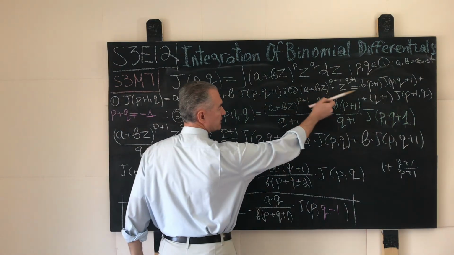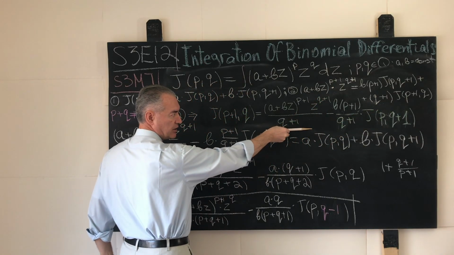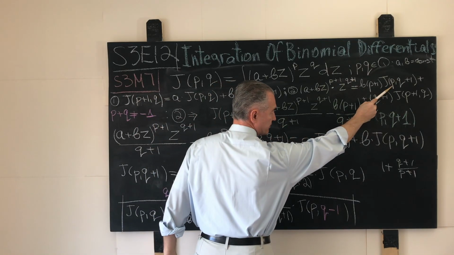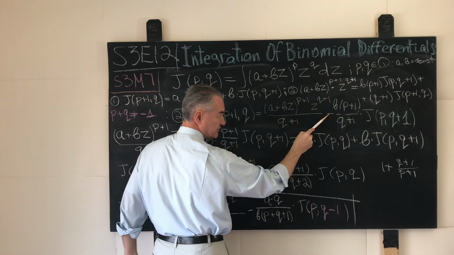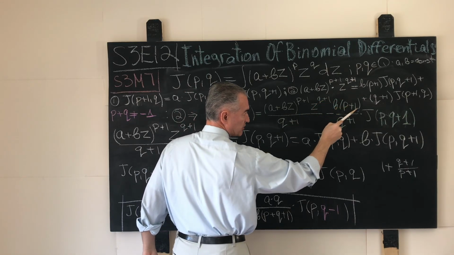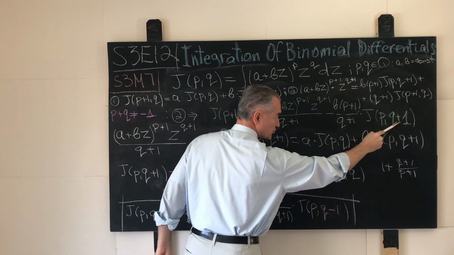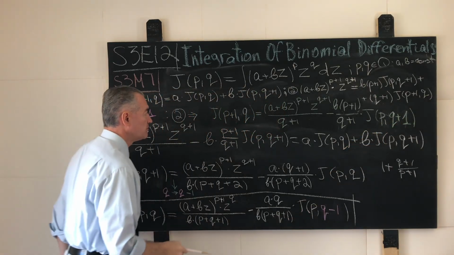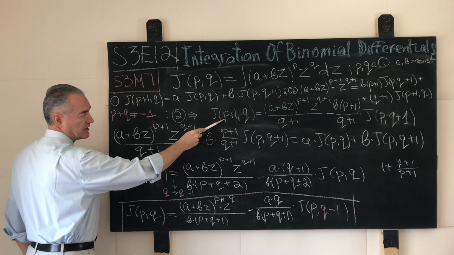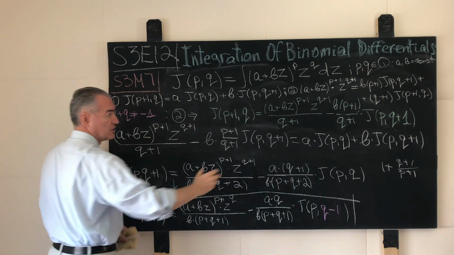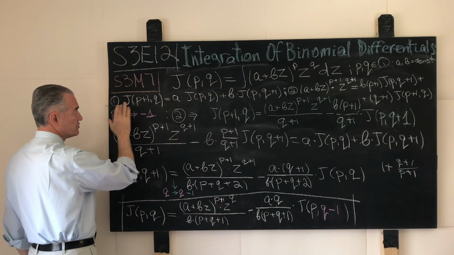We take the left-hand side divided by q plus 1, and then we bring this summand over to the left-hand side of the equal sign with a negative sign: b times p plus 1 over q plus 1 times the integral j of p, q plus 1 this time. And we basically put this right-hand side image of this expression, we grab it, bring it to the left-hand side of equation number 1.